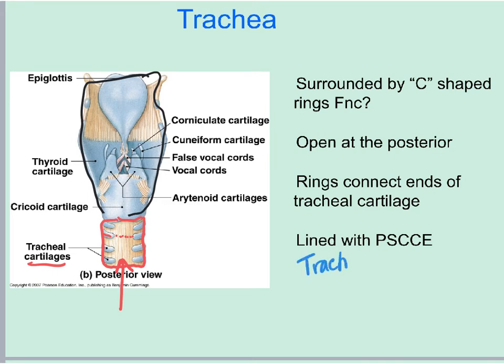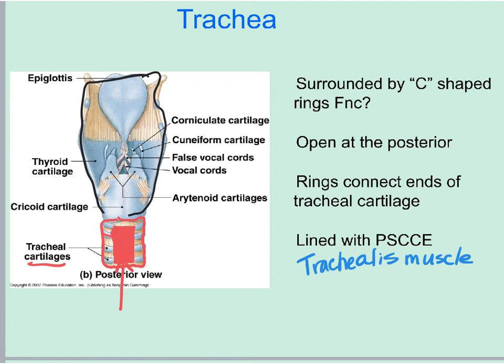So there's the trachealis muscle. And I'll switch to red so you can kind of see. That trachealis muscle would go from the end of the C-shaped ring to the other end of the C-shaped ring, or the other side. It really essentially extends all through here. And its function is to change the diameter of the trachea.